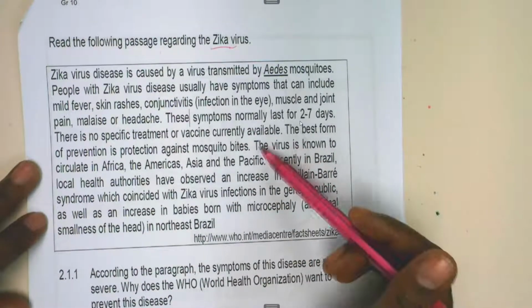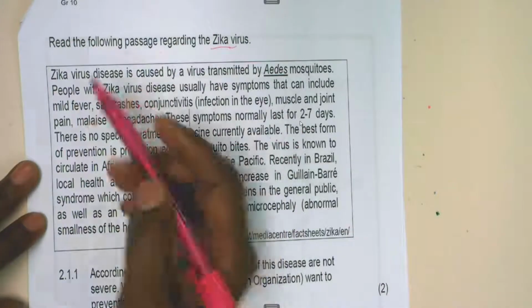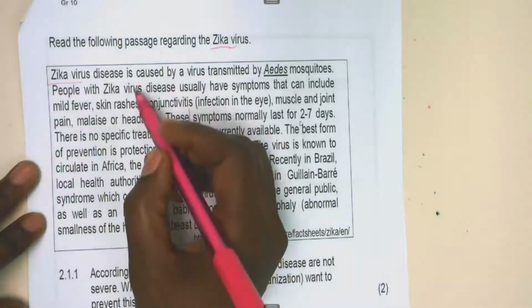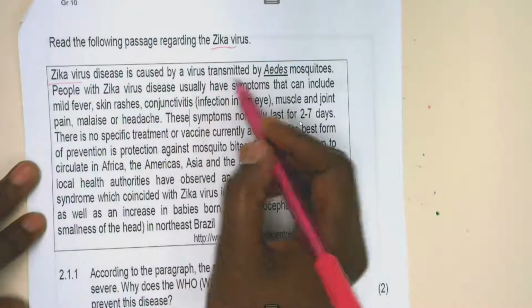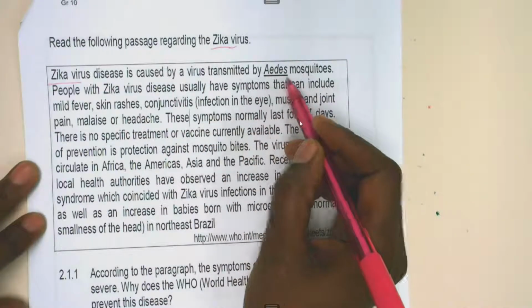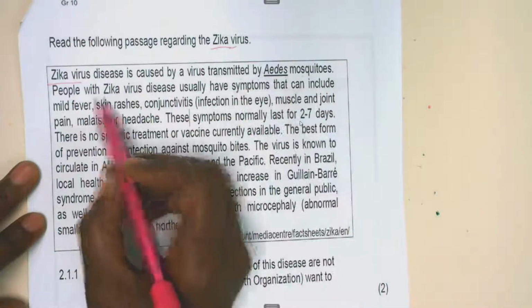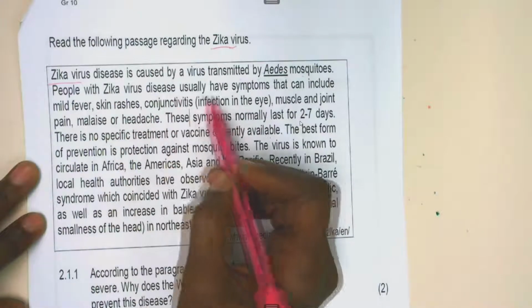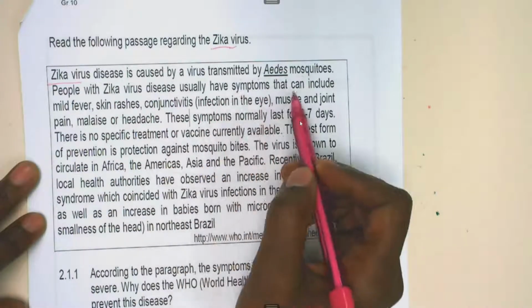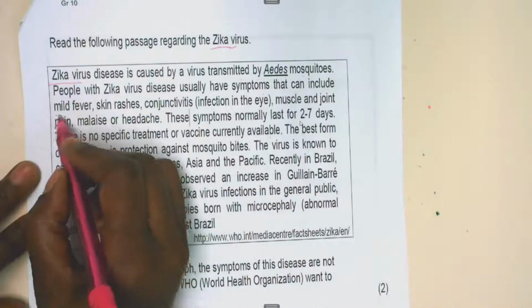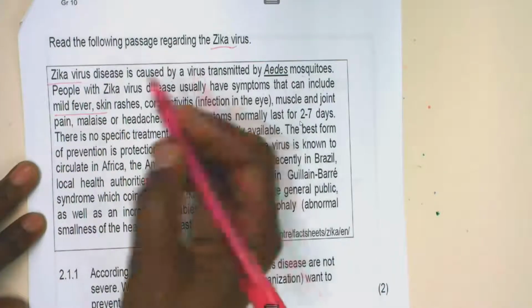Zika virus disease is caused by a virus transmitted by Aedes mosquitoes. People with Zika virus disease usually have symptoms that can include mild fever. So this is one of the symptoms.